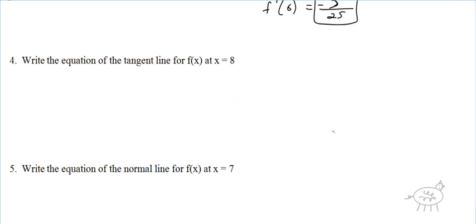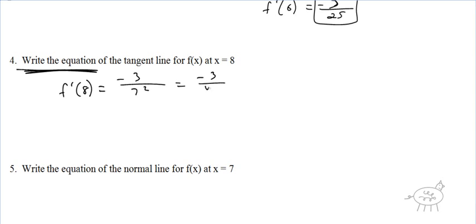Okay, keep going here. Write the equation. Very interesting. Write the equation of the tangent line for f of x at x equals 8. Okay, so that just means I need to find the slope, right? So let's do that. If I find the slope, isn't it f prime of 8 is equal to negative 3 over 8 minus 1 squared, or 7 squared, which is negative 3 over 49.